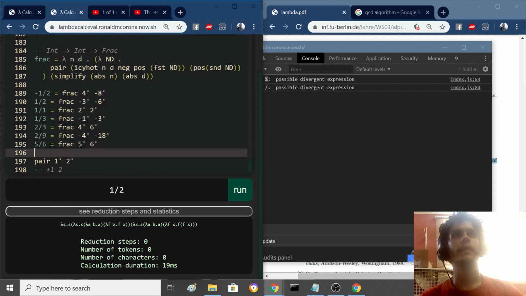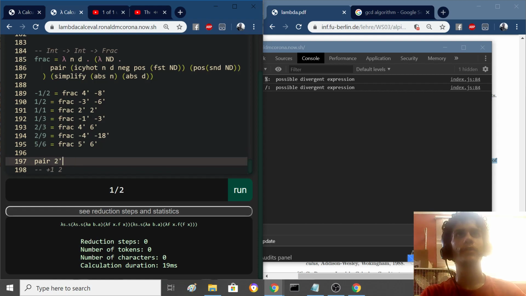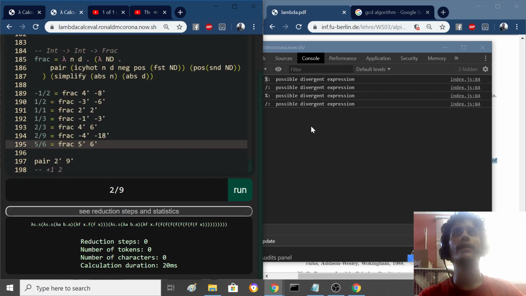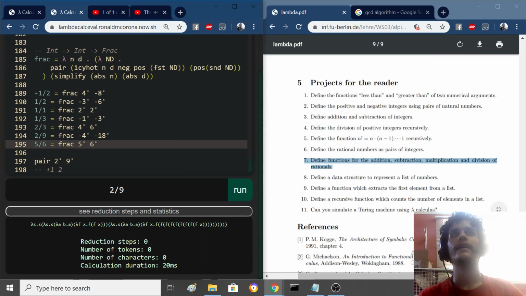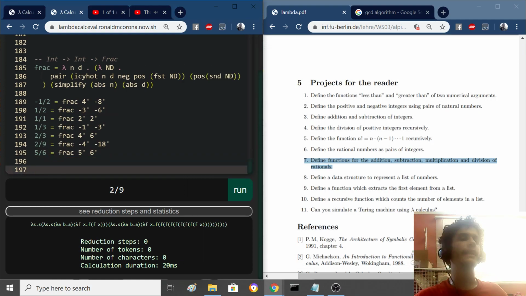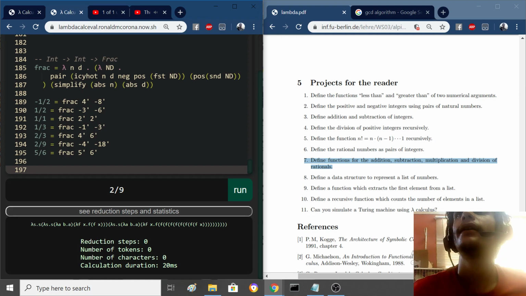Okay, and also, right, if I make a pair of 2 and 9, it's gonna tell me that that is 2/9. So real nice. The fractions are being simplified at creation. And that's going to be nicer for doing our work right here.